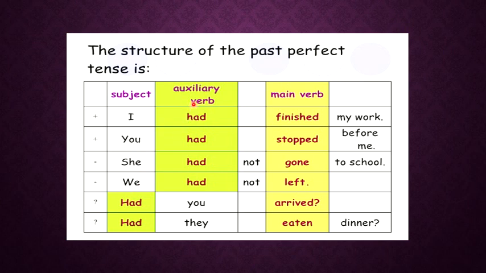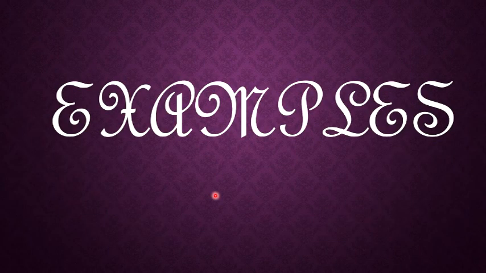Okay. Auxiliary verb is had. Then main verbs are finished, stopped, gone, left, arrived, eaten. Here in the last two sentences, subject is you, they, and auxiliary verb is shown in yellow color, had. Okay, so you should know which word is what part of speech in English. Okay, in English every word belongs to some part of speech. So we should understand that.